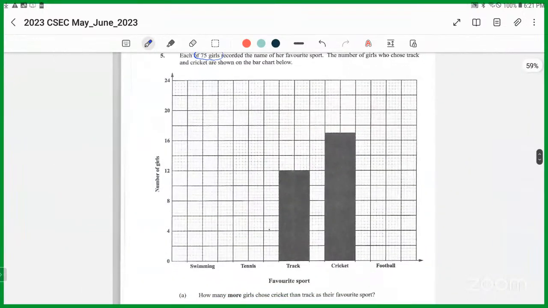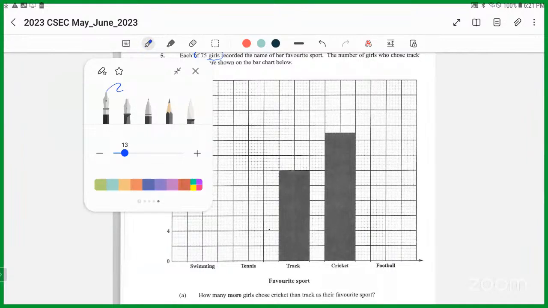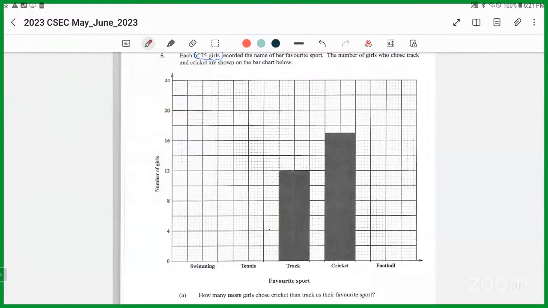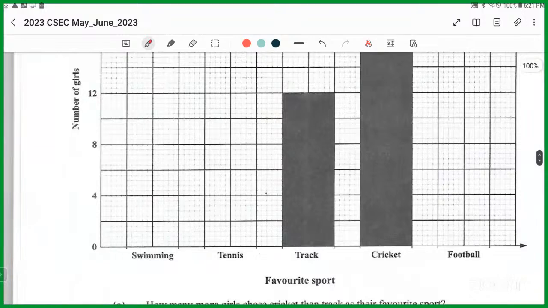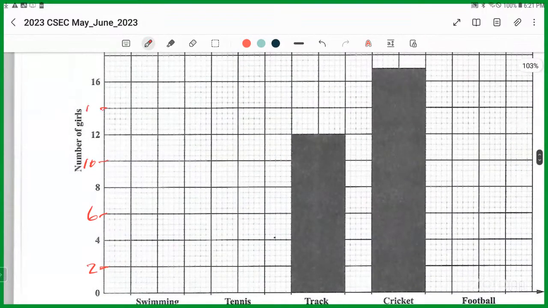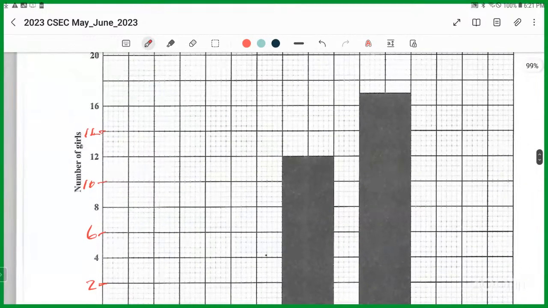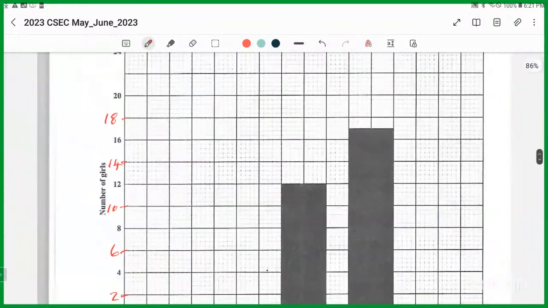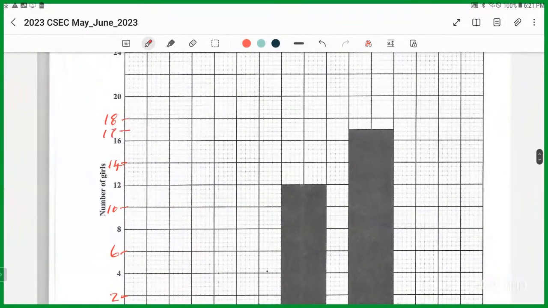So let's read the scale and mark those numbers. This should have been 2, 6, 10, 14, 18, right? And for example, right here should have been 17, halfway between the 16 and the 18.